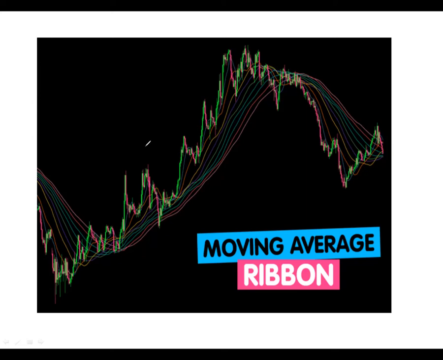But first of all, before you do that, you will see that the ribbons must tend. In this case, you see that there was a cross of all the ribbons, all the moving averages. The down ones crossed, and then there was a cross over here before all the moving averages started pointing one direction.